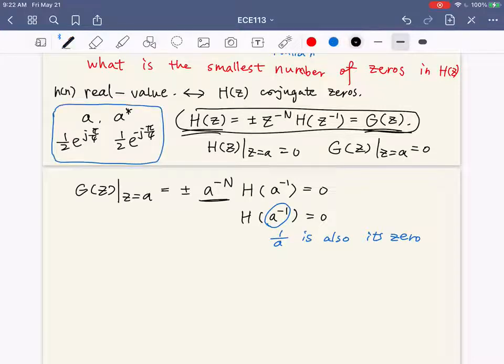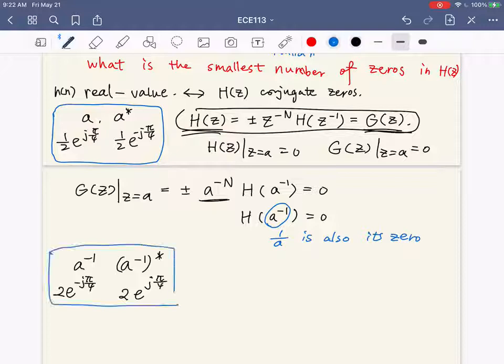So now we can further derive A to the minus 1, right? And they are conjugate, so we also have A to the minus 1 conjugate. Wow. So 1 over A is basically 2E to the minus J pi over 4. And its conjugate should be 2E to the J pi over 4.